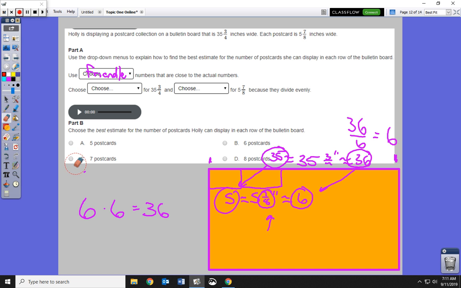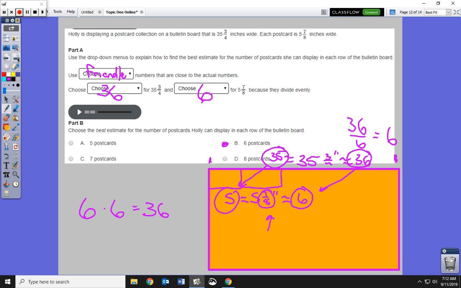I'm going to go with 6 cards each row. Feeling better with that because 7 times 5 is 35, plus those extra almost an inch every time is going to extend me over. I'm going to go with 6 cards. So this here, I'm going to round up to 36. This, I'm going to round up to 6. All right. Hope that makes sense why I did that and what my thought process was there.